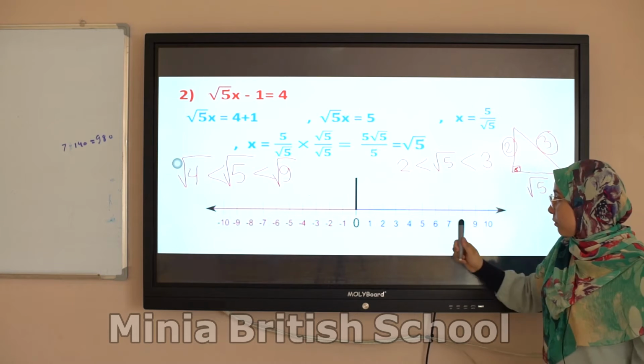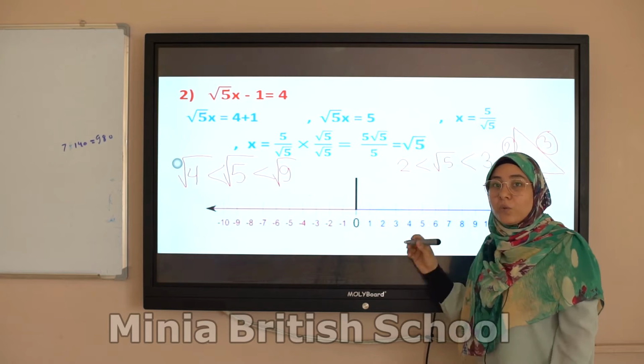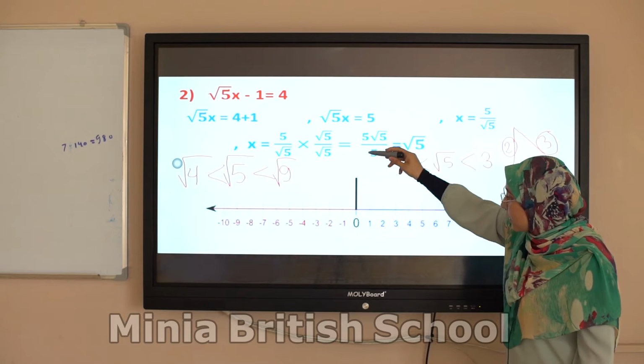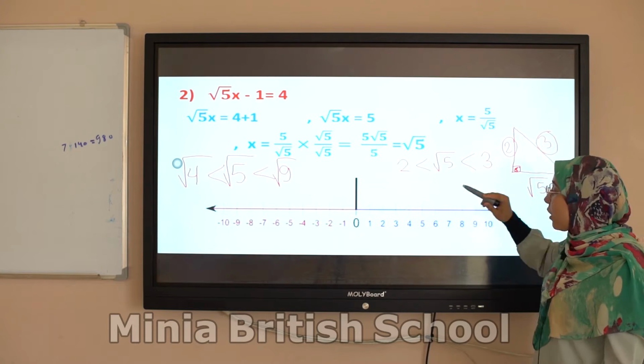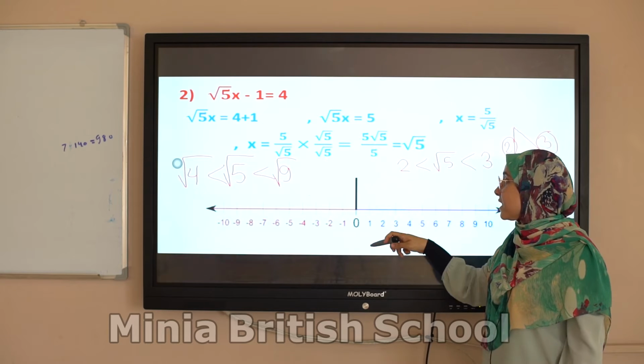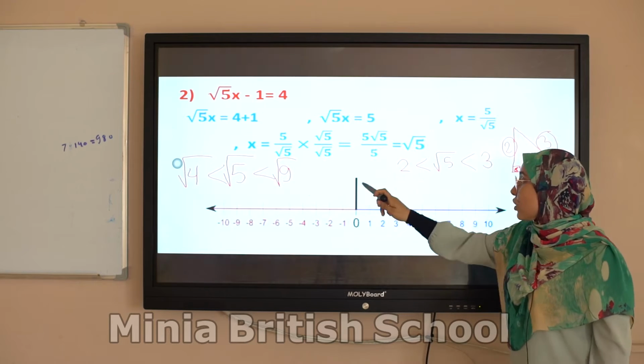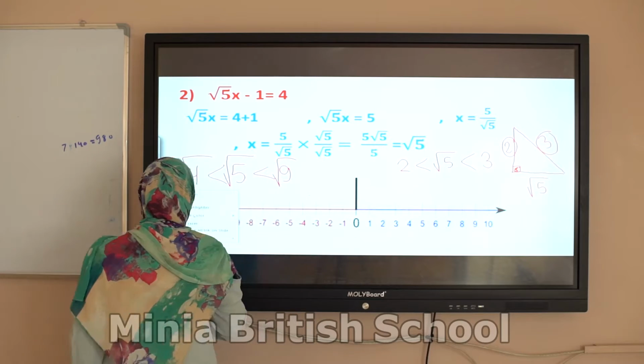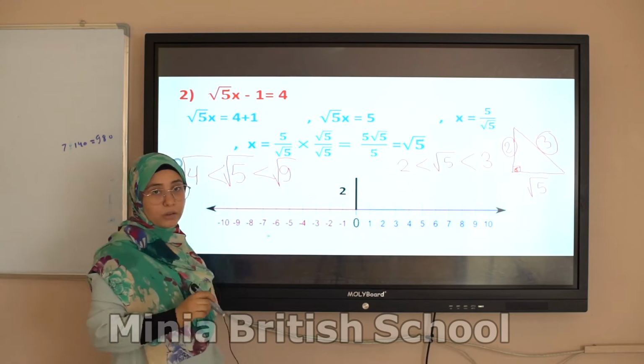So from 0, I will draw a line segment with length 2 centimeters, okay?